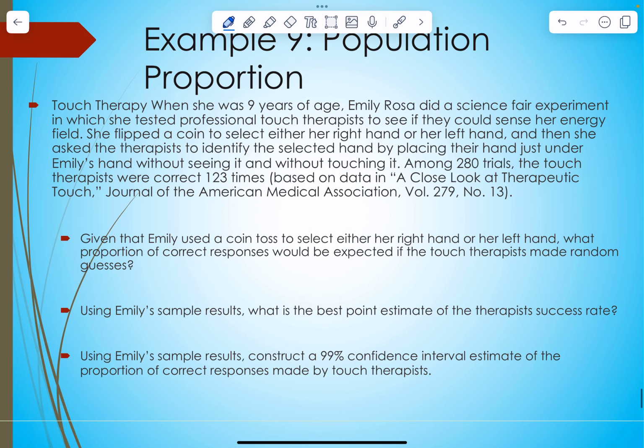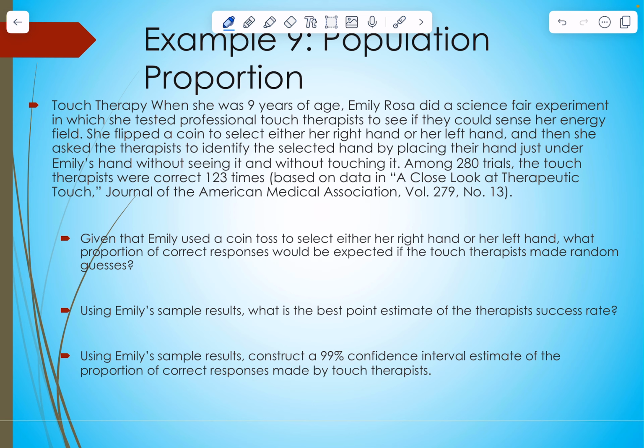All right, touch therapy. When she was 9 years of age, Emily Rosa did a science fair experiment in which she tested professional touch therapists to see if they could sense her energy field. She flipped a coin to select either her right hand or her left hand.